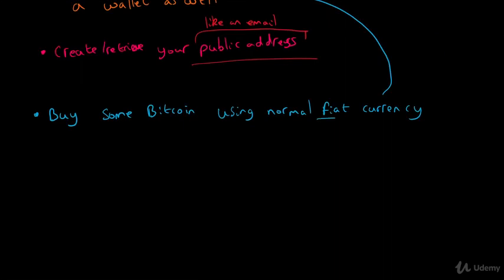That can be a fiat currency, or it can be one cryptocurrency to another cryptocurrency, but at the start you'll most likely be exchanging fiat to a cryptocurrency such as Bitcoin.